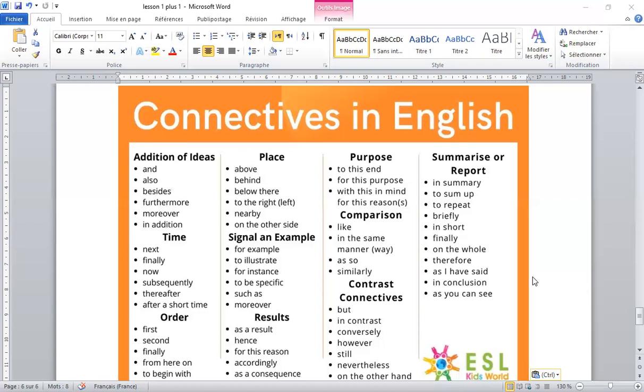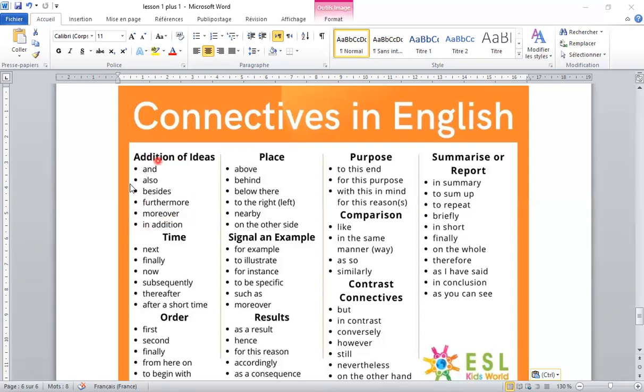First of all, what you have to bear in mind is that to build a sentence, complex or compound, requires connectives. Connectives are in front of you. As you see, connectives in English could be for addition of ideas, like and, also, besides, furthermore, moreover, in addition.